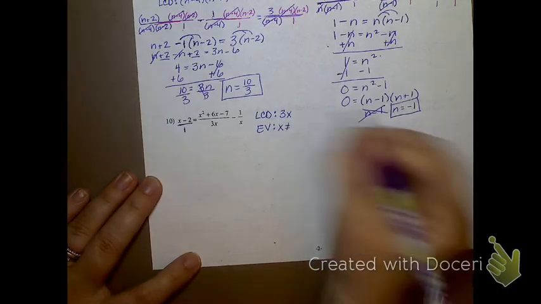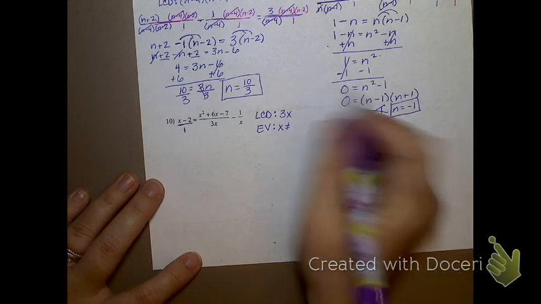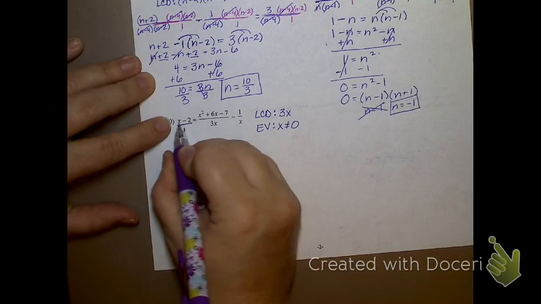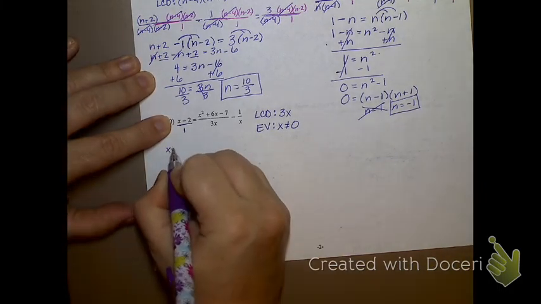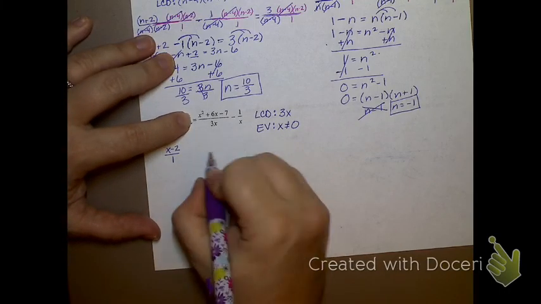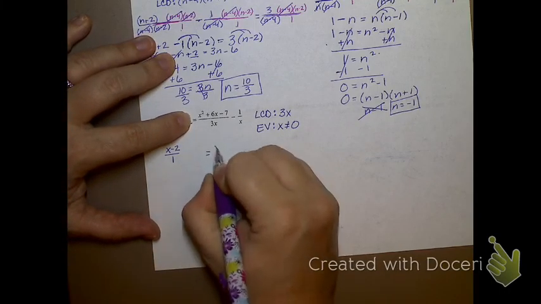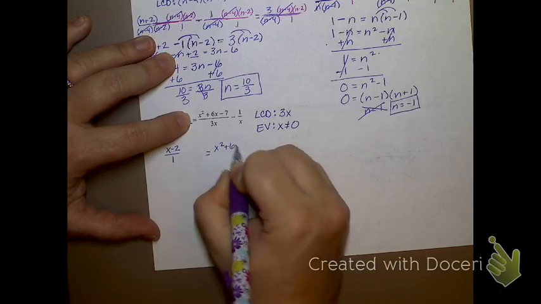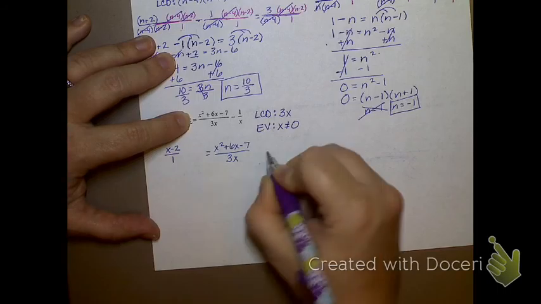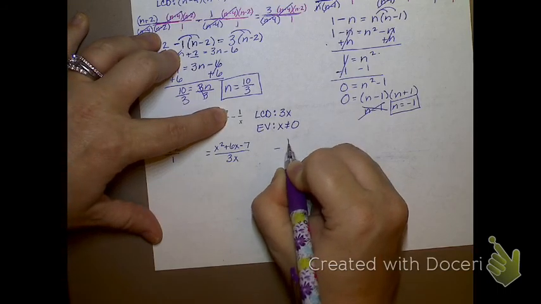X can't equal 0. So I'm going to take this fraction, x minus 2 over 1, leave a space so I can multiply it, equals x squared plus 6x minus 7 over 3x, leave a space, minus 1 over x.